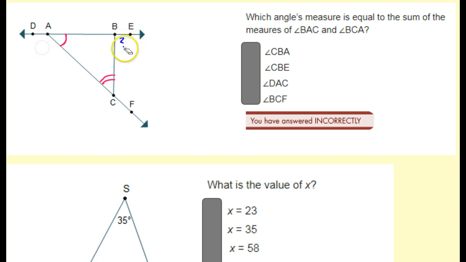Okay, it's this one. This is the remote exterior angle. So the sum of the two interior angles should equal the remote exterior angle. So the answer should be angle CBE. So this should be the answer.